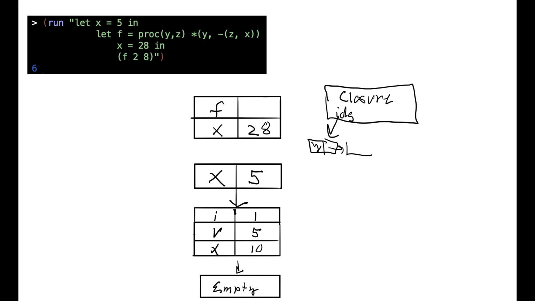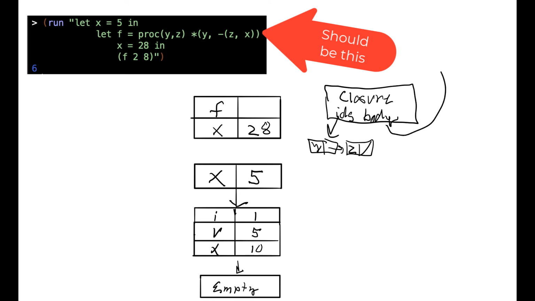And it'll just store those in a list. The closure is also going to have a body. And so the body, in this case, will be this expression right here.